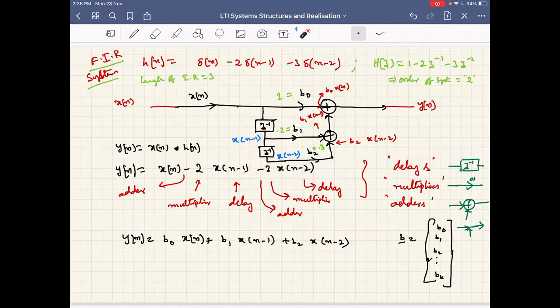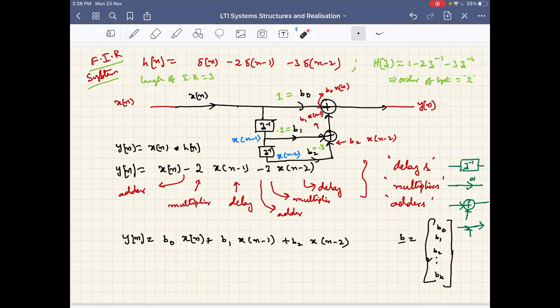Typically, if I specify the number of non-zero coefficients in the FIR system, I can easily write the structure of the FIR system, because there is a standard expression relating input and output in FIR systems, from the standard transfer function or the standard impulse response.